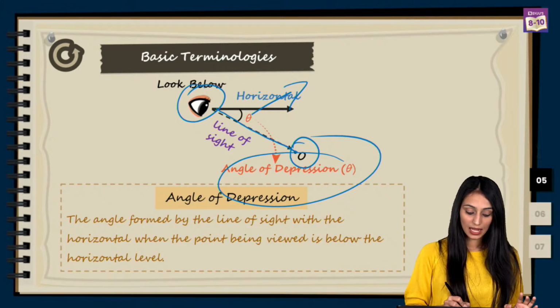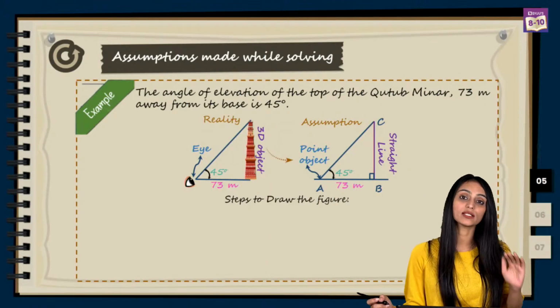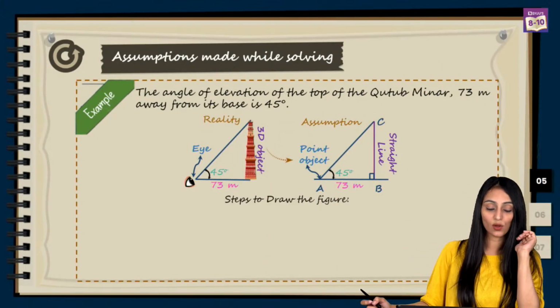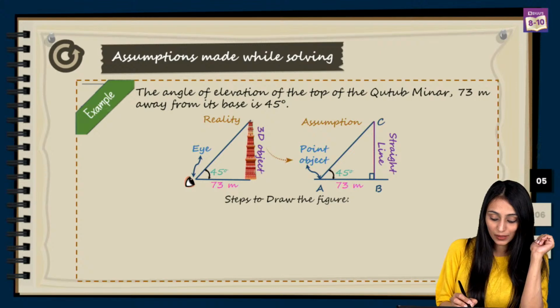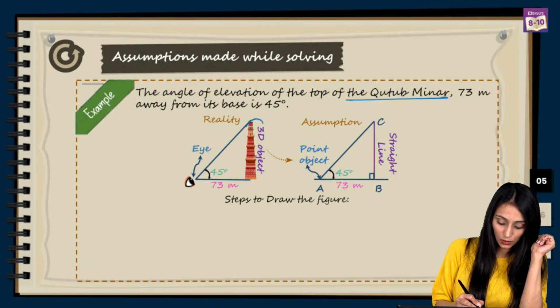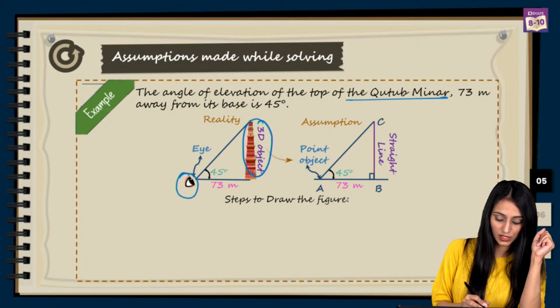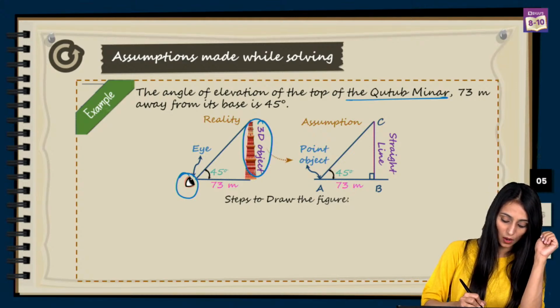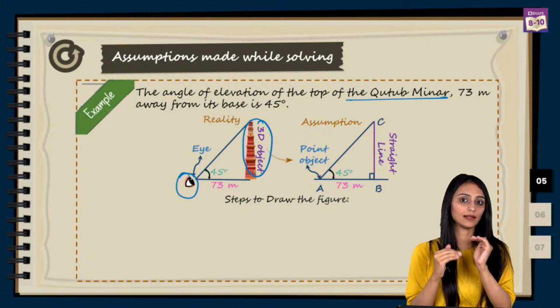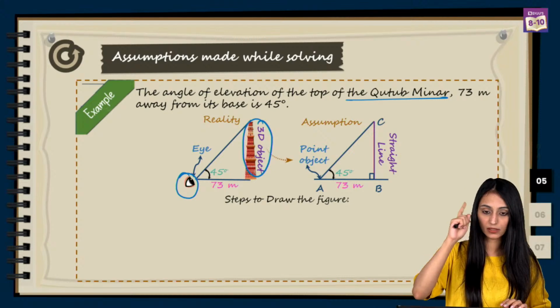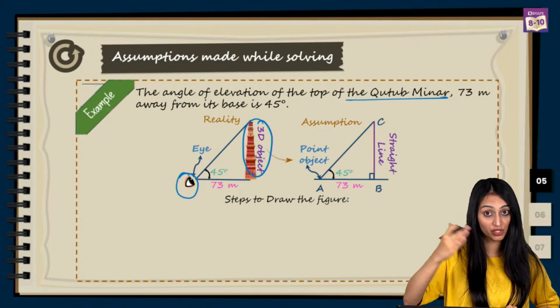Okay. Let's take a look at a few of the assumptions that we make while solving these questions. Take the angle of elevation of the top of the Qutub Minar. It's a 3D object. We are not considering the height of the observer unless it is mentioned in the question.